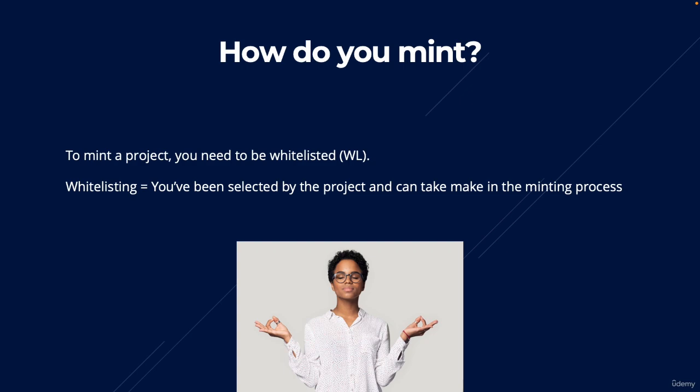Then number three, after that, that's when you need to get whitelisted. Once you are whitelisted, then you can mint the project. And of course, after you mint it, you can hold that NFT or you can flip it on the marketplace for a profit. So bear with me, the course is laid out in the right structure that you need to follow. However, I just had to let you know from the start of this section that you really want to try and mint stuff if you want to make money from NFTs.